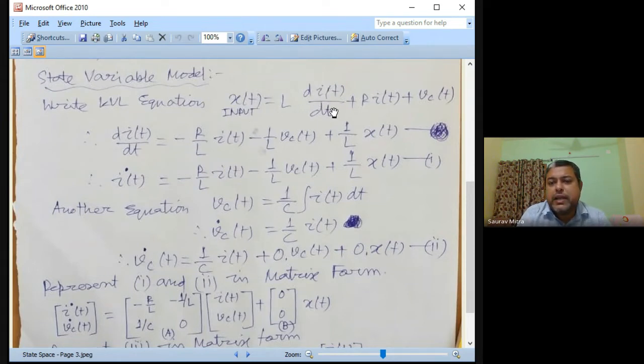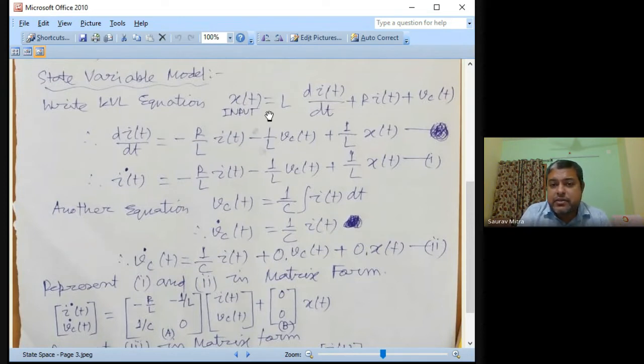So x(t) = L di(t)/dt + R i(t) + Vc(t). Since I am trying to find the di(t)/dt equation, the R i(t) part and Vc part have to be taken to the other side. In the next line I am writing di(t)/dt separately. What is di(t)/dt? It is i dot(t), the first derivative of i(t), the circuit current, which is the first state variable.